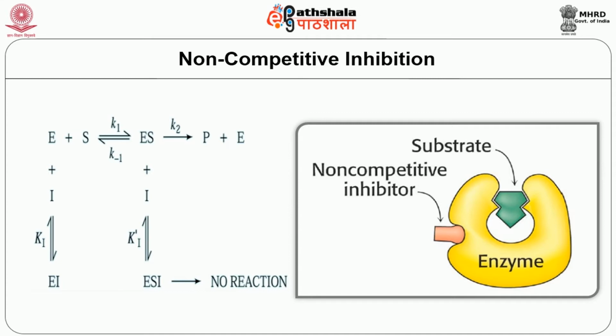But still, the non-competitive inhibitor binds to the enzyme at a different site, thereby altering the active site to which the substrate has to bind, thereby preventing maximum affinity of the substrate to the active site. The substrate can only partially bind to the active site, so there will definitely be a change in the reaction. At times there is no reaction because of the altered structure of the active site.